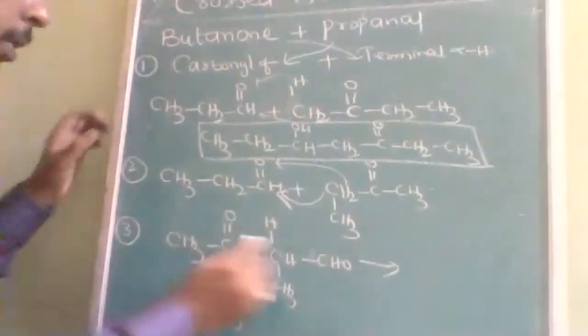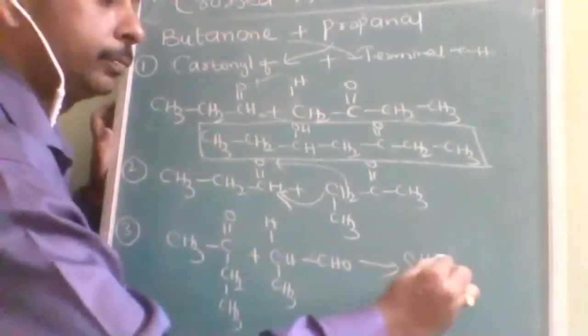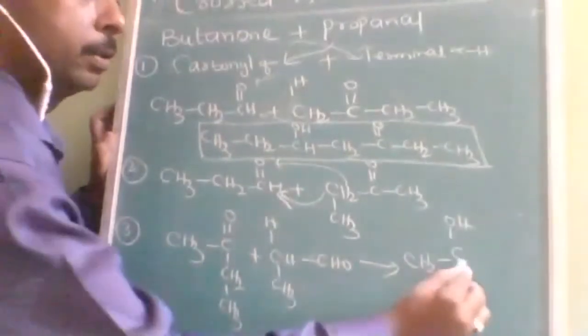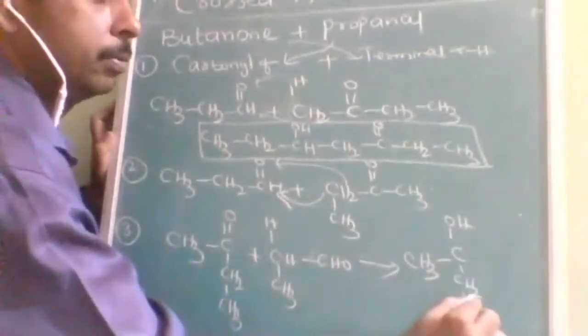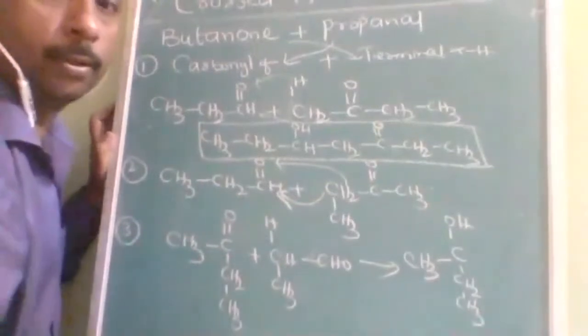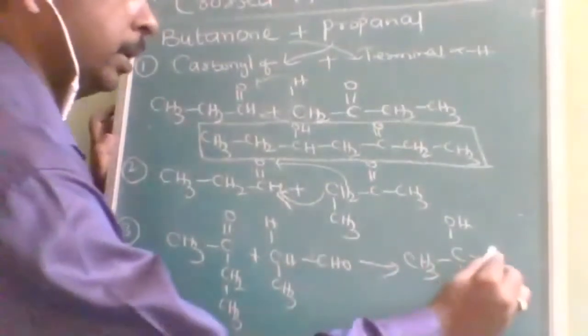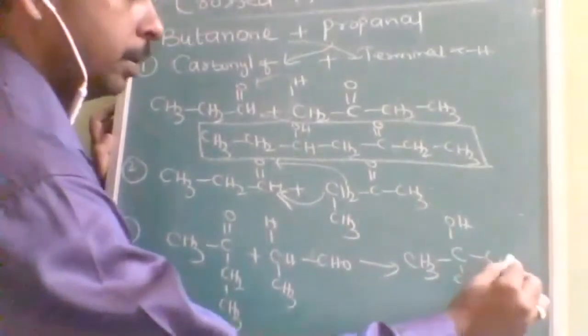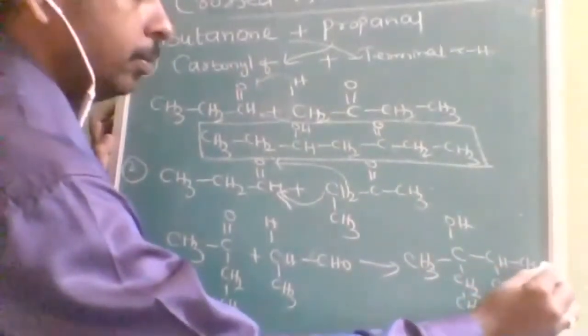So the product is going to be like this: CH3 C, this will be converted into OH, then CH2 CH3, then CH CH3, then CHO.